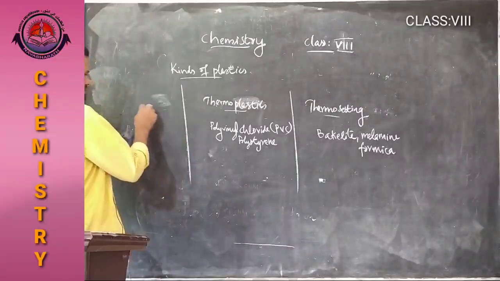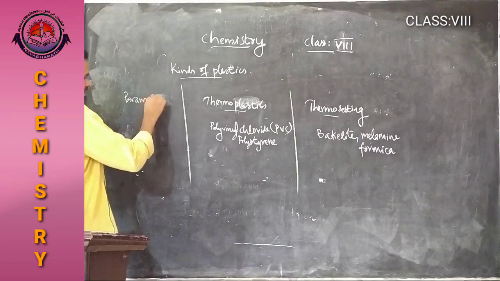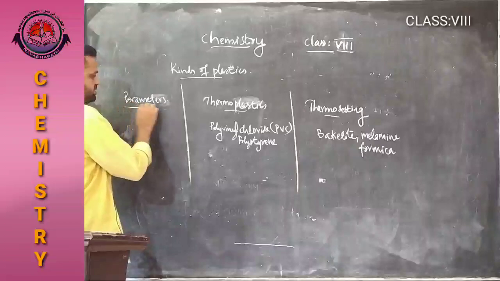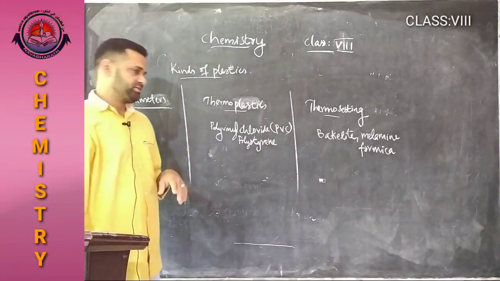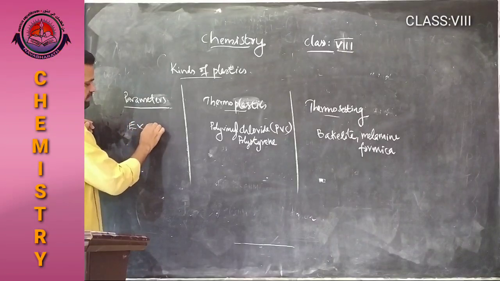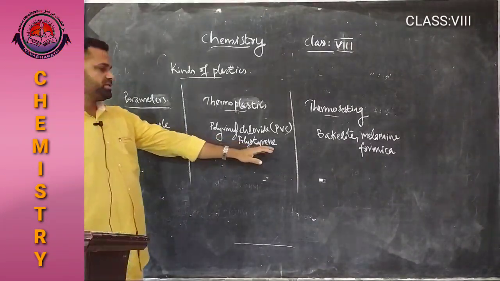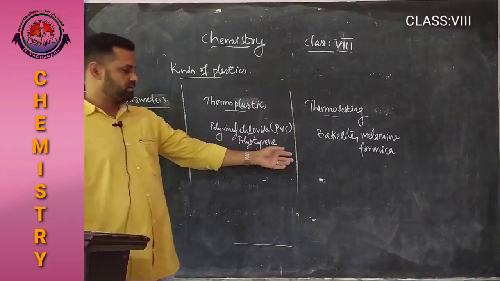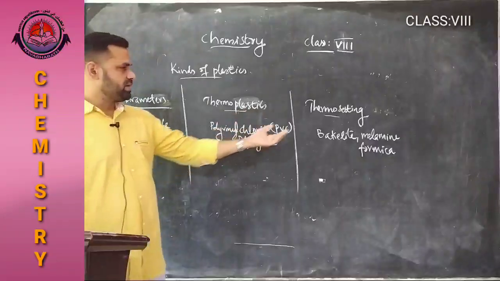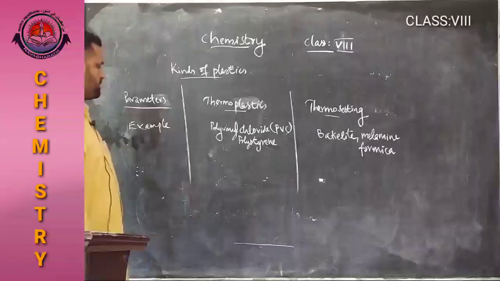Here we can take some parameters to differentiate between them. The examples I have already written here: polyvinyl chloride, polystyrene, and polythene come under thermoplastics. Thermosetting plastics: bakelite, melamine, formica.